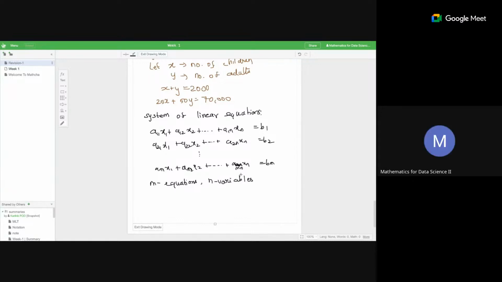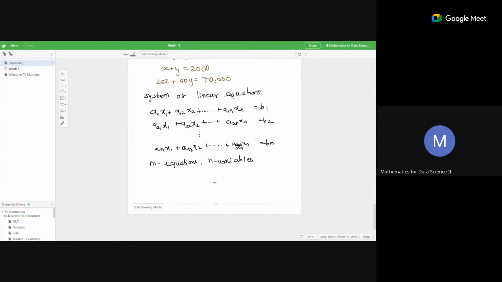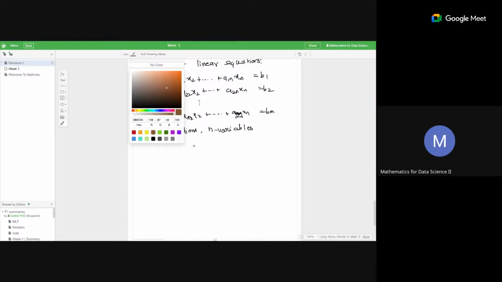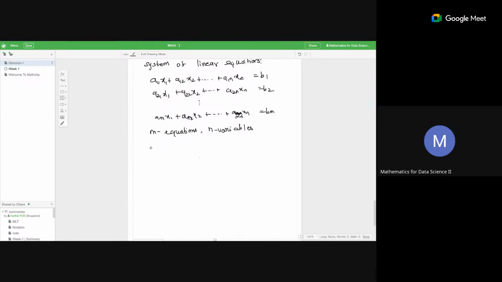All right. So now from this, we are going to write the matrix representation for this system of linear equations. How are we going to represent this as a matrix? Let us write the coefficients of the variables as a matrix.